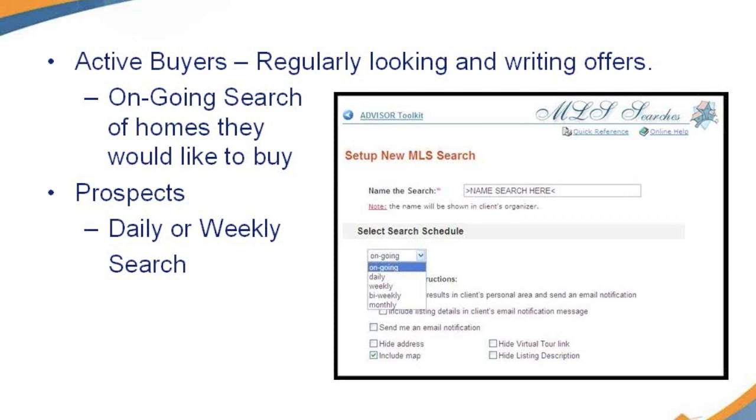Because with an ongoing search, our system queries the MLS multiple times throughout the day, looking for changes and new listings. When a new listing matches the search criteria you set up, if they're on an ongoing schedule, the system will send them an email.